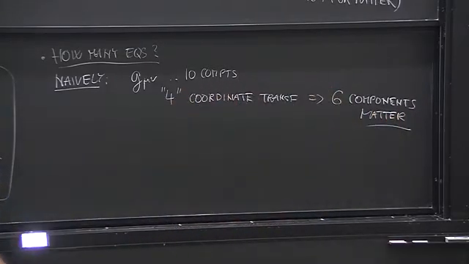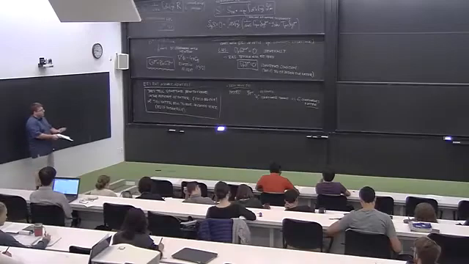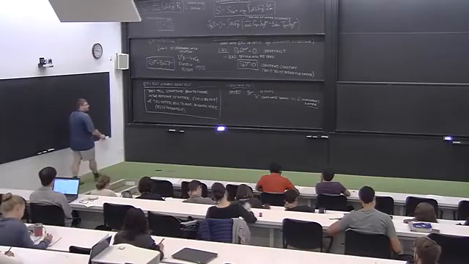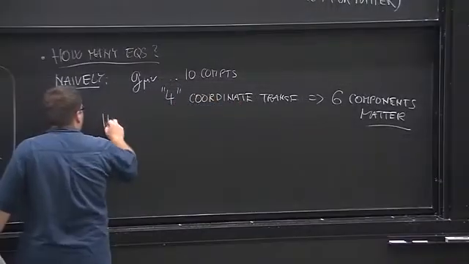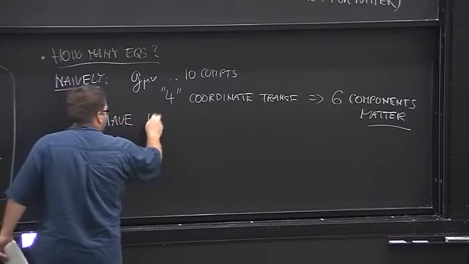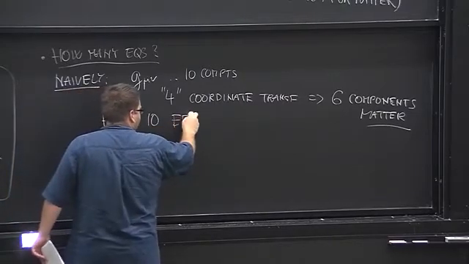Okay, so this is like having 6 E's and B's, right? So in the Maxwell equations, I have only 6 things, but I have 8 equations. Now we have 10 Einstein equations.